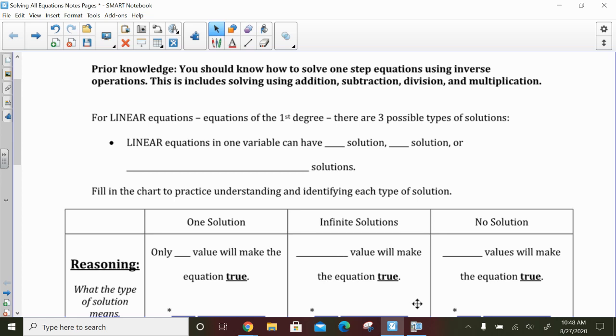Linear equations in one variable, meaning only one letter, can have one solution, no solution, or infinitely many solutions.